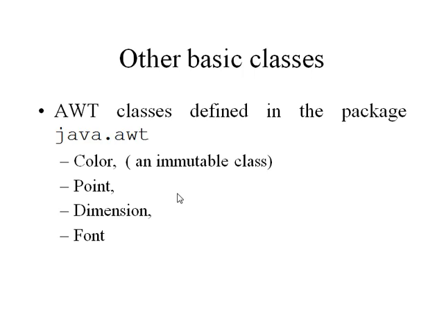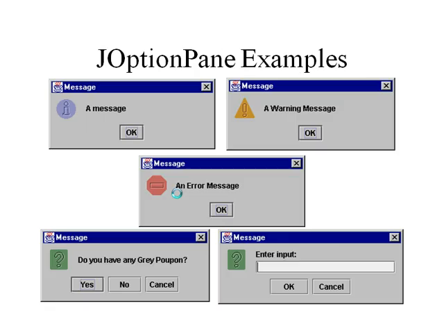So let's see. We know about AWT. Java AWT is a core API. JavaX.Swing is not. Core APIs generally will appear in your mobile device, but the JavaX APIs will not. There's a wide variety of different dialog boxes available to us.